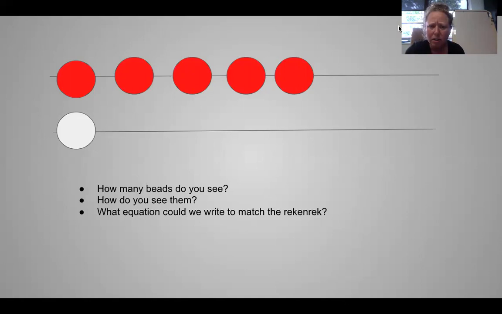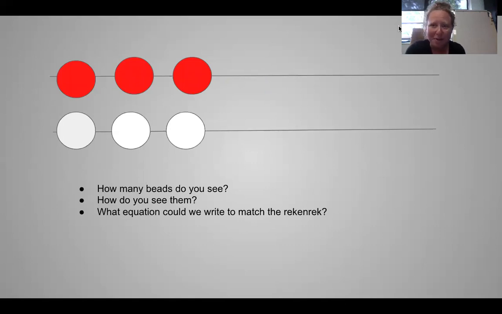What equation could we write that would match our Rekenrek? Tell someone at home. If you need more time, you can push pause.